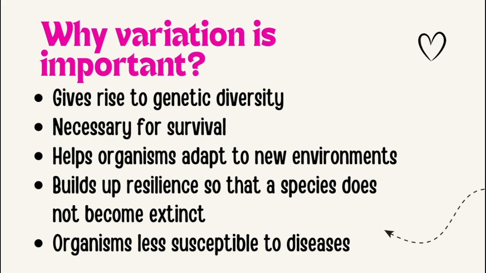With something like asexual reproduction, say we have a flower that reproduces asexually, right? It creates a bunch of offspring just like that. Let's just say that the flower is susceptible to a particular disease. It will have like 20 offspring exactly like it.